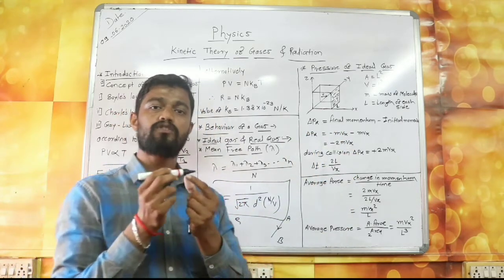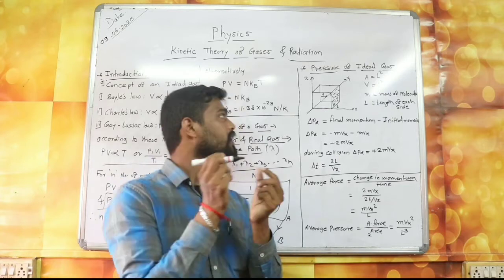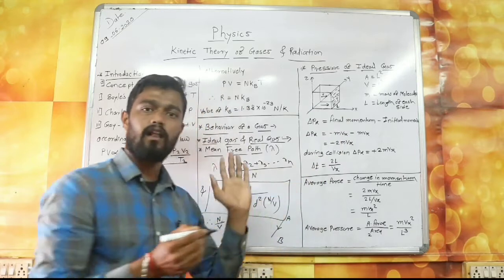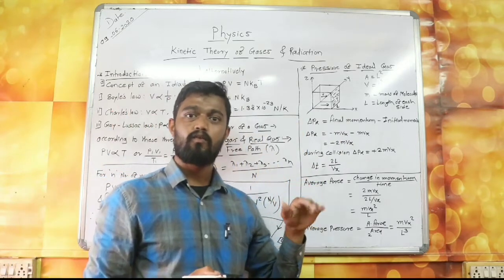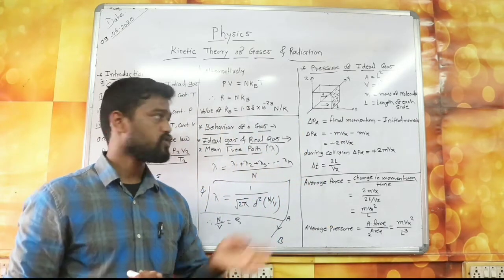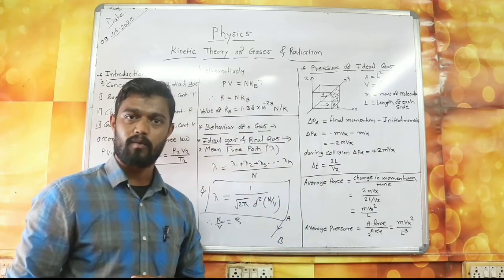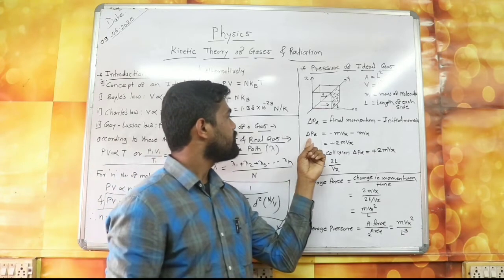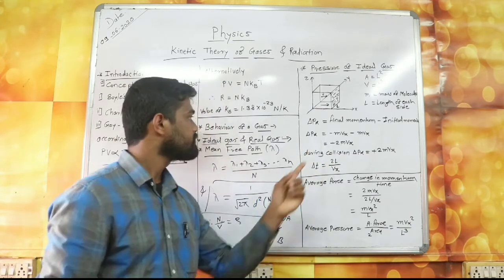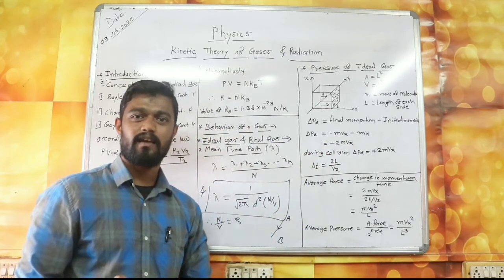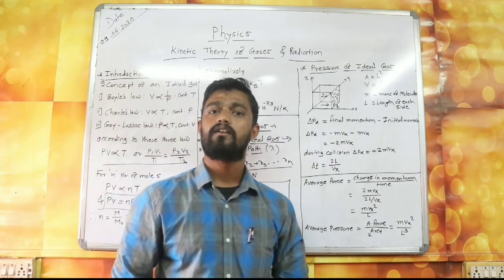Suppose the molecule travels along the x-axis. Then what is the change in momentum? The change in momentum depends on final momentum minus initial momentum. So delta px is equal to final momentum, which is minus mvx, minus the initial momentum, which is mvx.